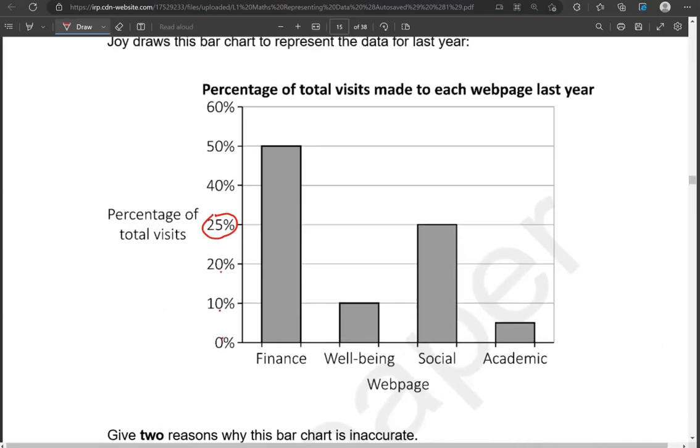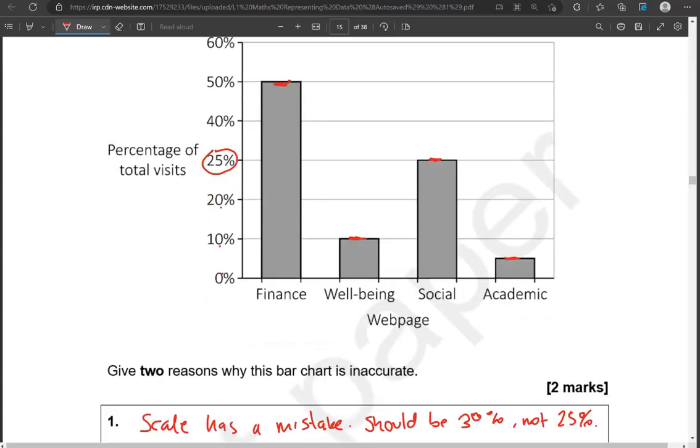Also, it says percentage of total visits made to each web page last year. So finance has 50%, well-being 10, so that is 60 so far. And the 30, that is 90. Academic is about 5%, so it doesn't total 100%.